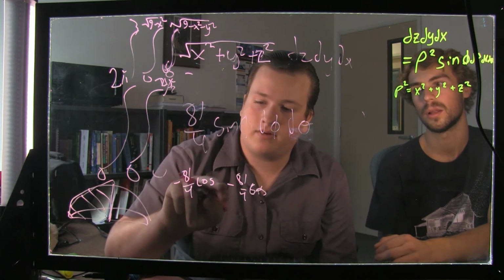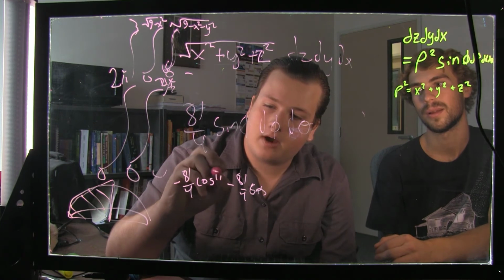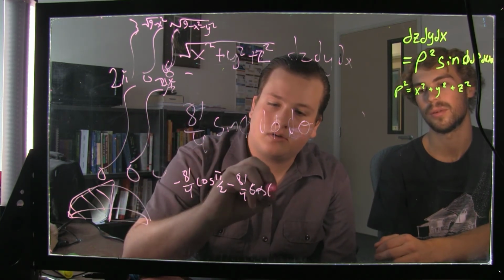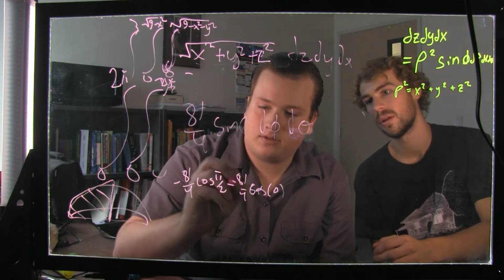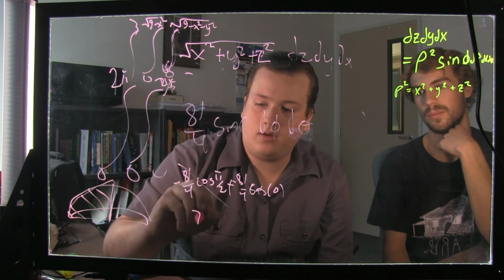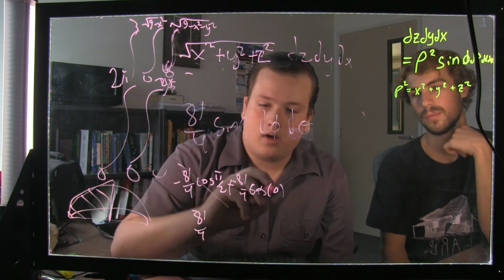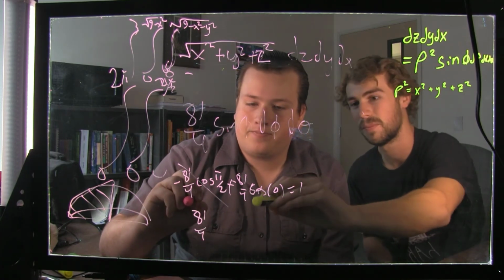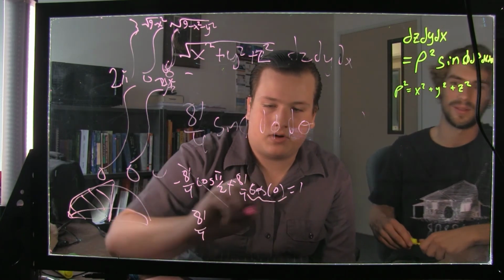Actually, we're plugging this in right now, saving some time. This is pi over 2. The boundary was 0 to pi over 2, minus cosine of 0, which is already a negative, so this becomes a plus. This cancels out because it's a 0, so we're left with 81 over 4 of 1, because this becomes equal to 1. Well, just the cosine part. Yeah, just this cosine part.